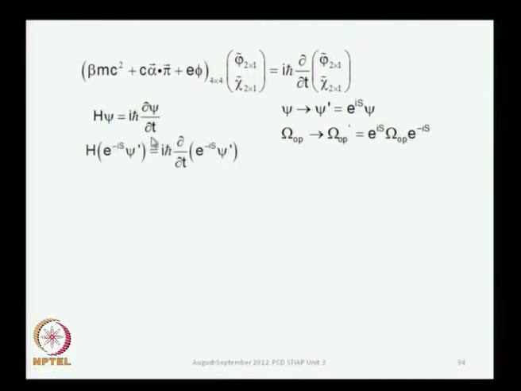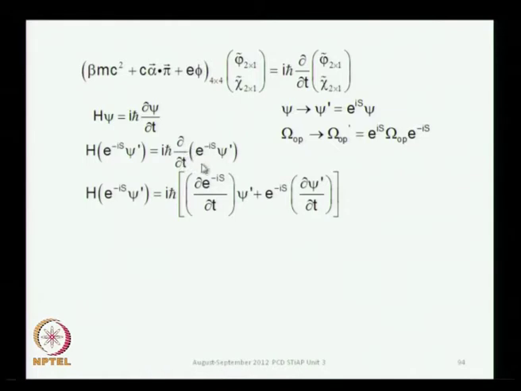Now, you put psi in terms of psi prime over here. So, this becomes e to the minus iS operating on psi prime, and this becomes the partial derivative of psi prime instead of psi. Okay. Now, this is the partial derivative of e to the minus iS operating on psi prime, but let us not assume that S is independent of time.